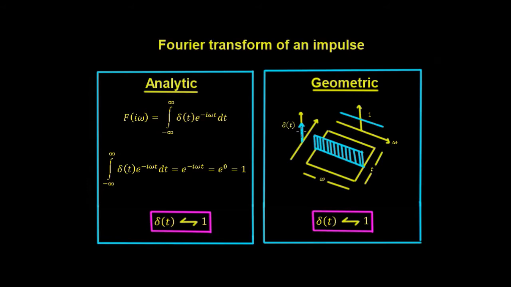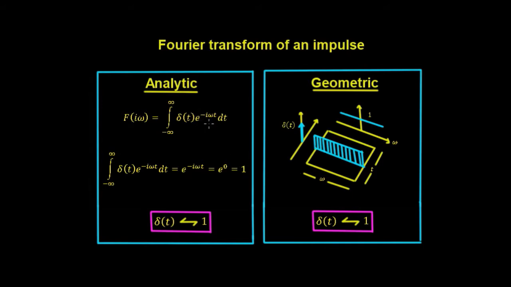So if we integrate an even function from minus infinity to infinity, we get a value. But if we integrate an odd function from minus infinity to infinity, we get a value of 0. So the sin omega t is going to be an odd function. The delta(t) is an even function, so even times odd becomes an odd. So it means that the sin omega t part of this just disappears.